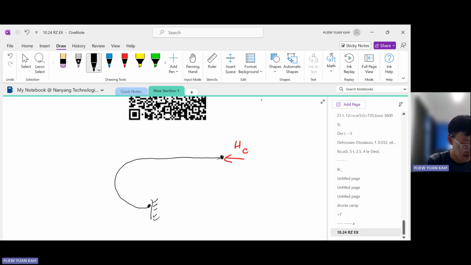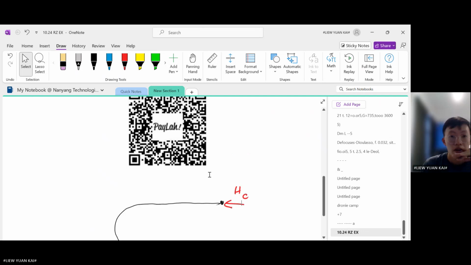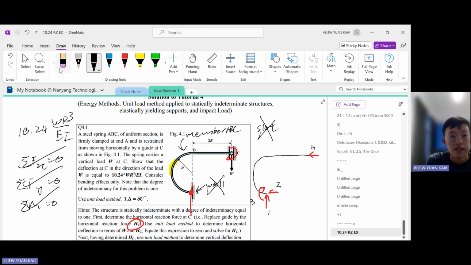So now what? What I know is that C is restrained from horizontal movement, right? We know it is able to do vertical displacement, because I apply this force W, it's going to displace vertically.